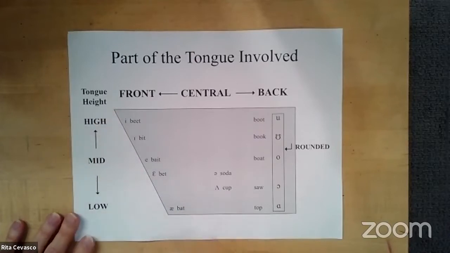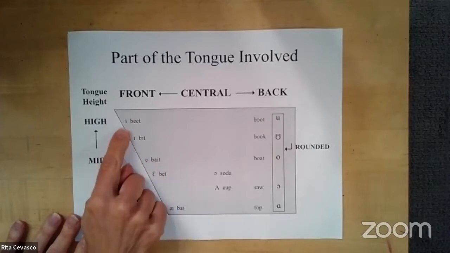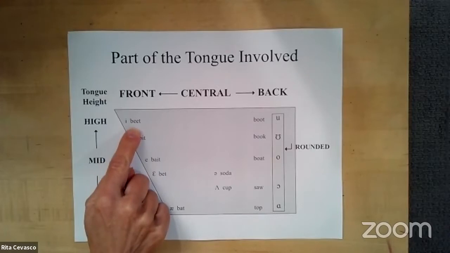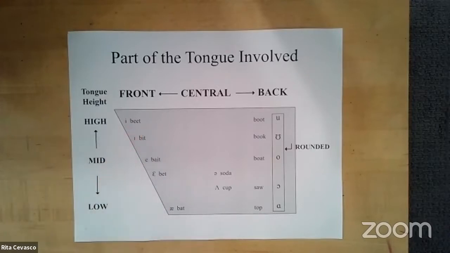What is the shape of the tongue when we make certain sounds? Because science needs to be international, they follow an international phonetic alphabet. And so what you see here is the letters as represented in the IPA letters. And then, you know, just some information about what vowel sound that's representing, okay?